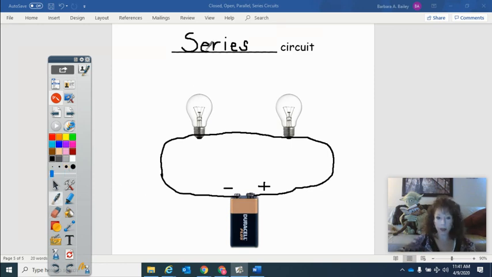Okay, so this is called a series, where the light bulbs or loads or whatever's being powered is in a consecutive series, one after the other on the same loop. Okay, series circuit.